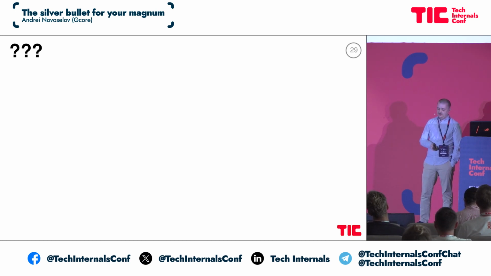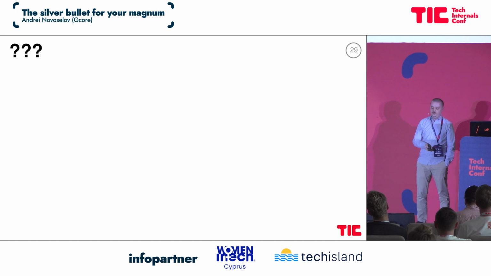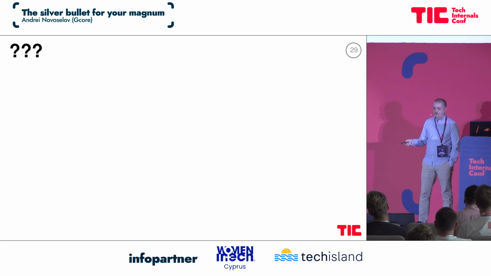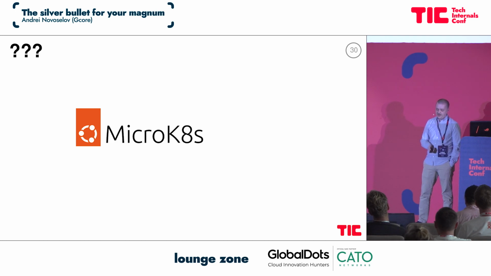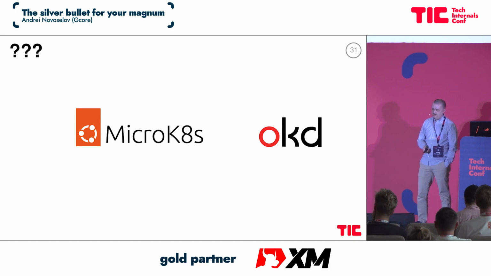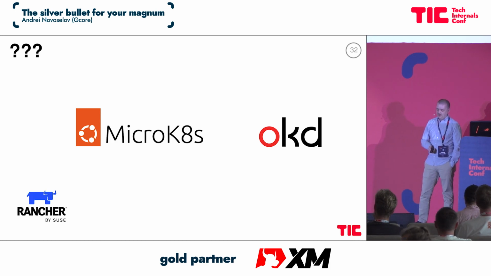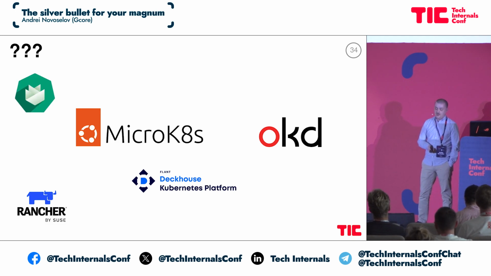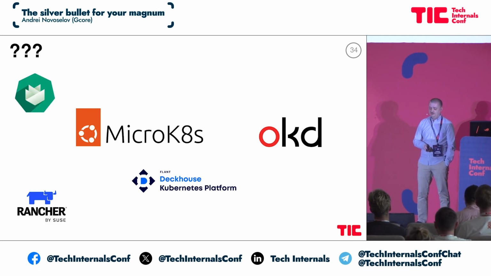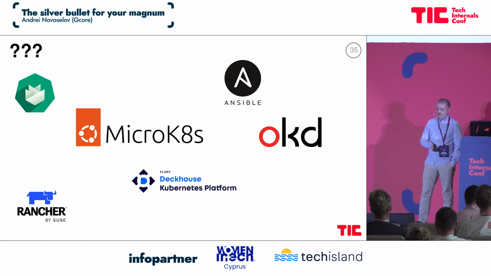Let's just take a look at what we have on the market and compare all the available technologies. So first of all, let's start with MicroK8s from Ubuntu. Maybe let's add OKD from Red Hat. Maybe Rancher by SUSE, maybe Deckhouse by Flant, maybe Gardener by SAP, maybe Ansible playbooks would do the thing.